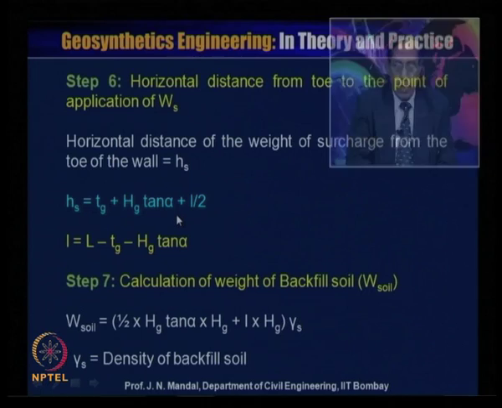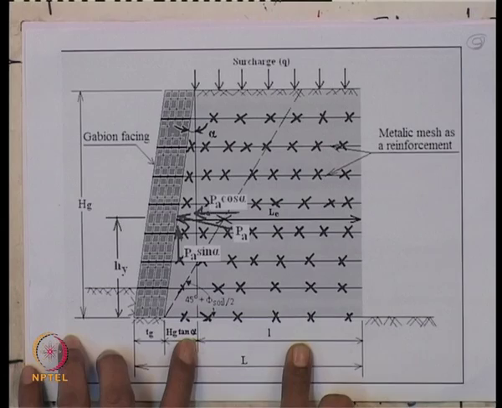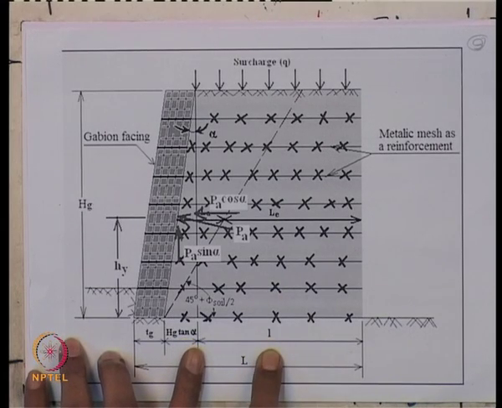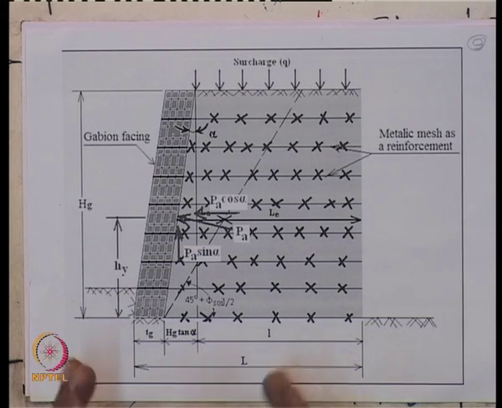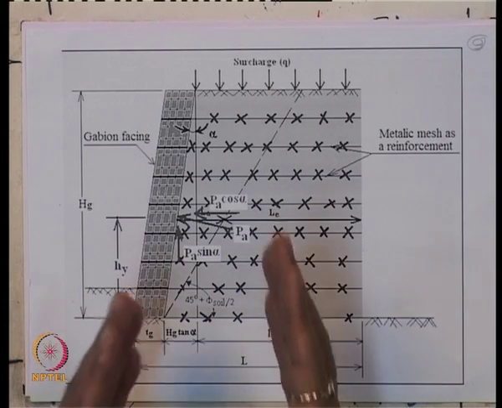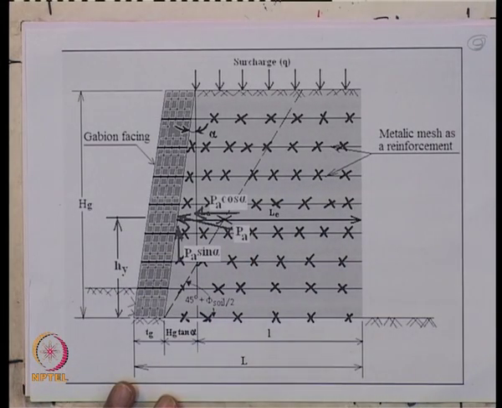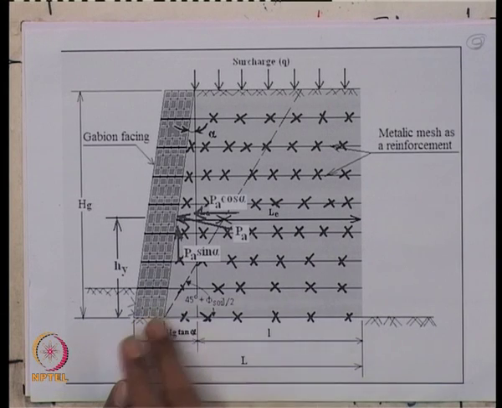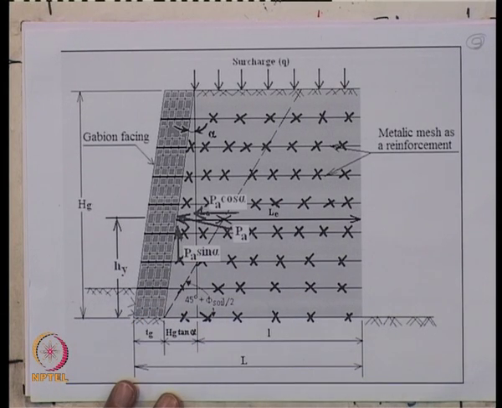So it is like this: this is Tg plus Hg tan alpha, and this is half of this L by 2. So this will give the horizontal distance of the weight of the surcharge from the toe of the wall.